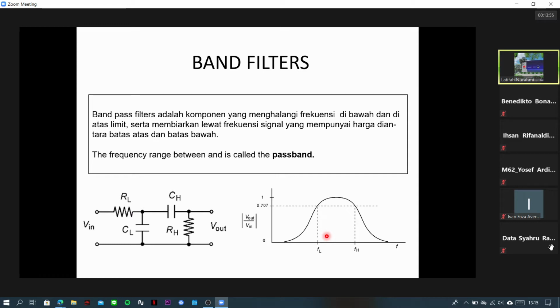The frequency range between the low and the high frequency, in between here in the graph, we call the pass band. This is what we want to take and use in our system.